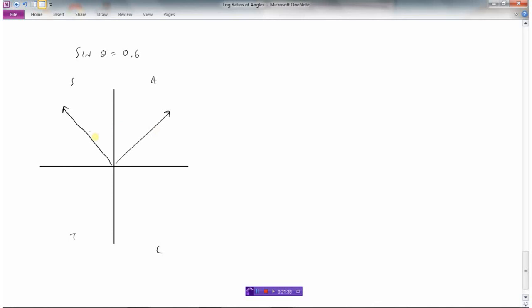But I don't have a triangle that has 0.6 as a ratio in it. So the only way we can do this one is we can go to our calculator. So the inverse sine, if I were to isolate theta here, I can take the inverse sine of both sides, and I would get theta is equal to the inverse sine of 0.6.